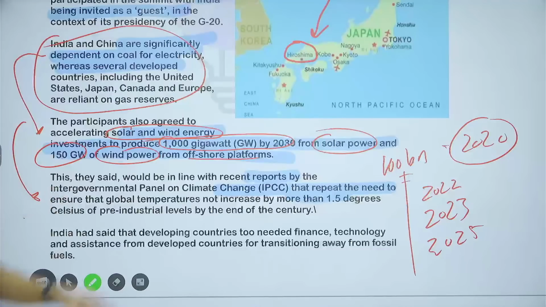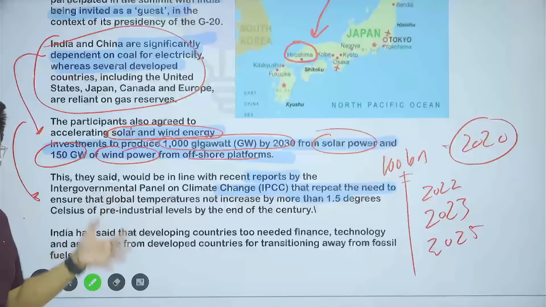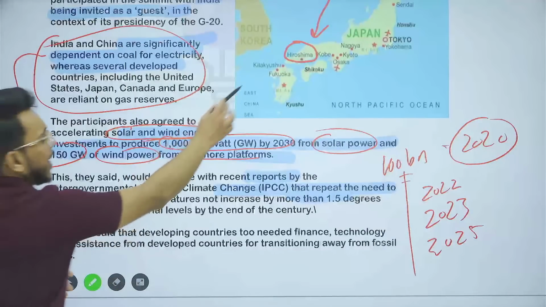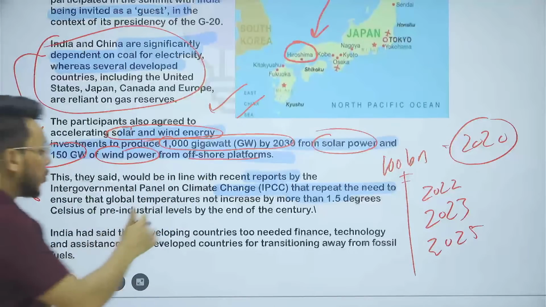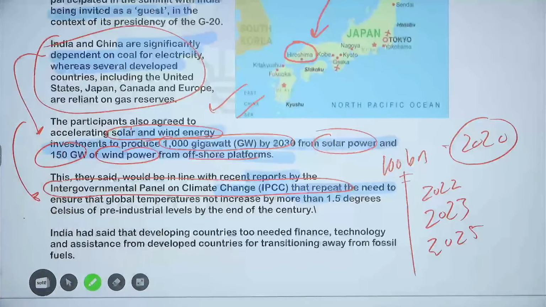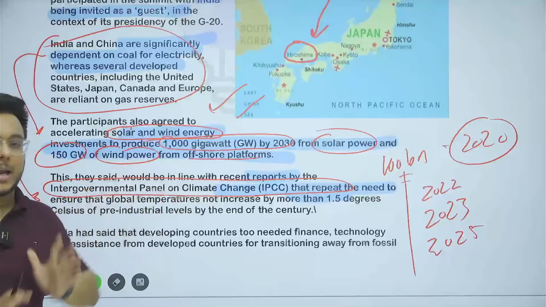Moreover, the G7 environment and energy ministers meet has also talked about how, if we achieve this particular thing, then we will be able to meet the IPCC's goal. Now, what is IPCC? IPCC stands for Intergovernmental Panel on Climate Change.